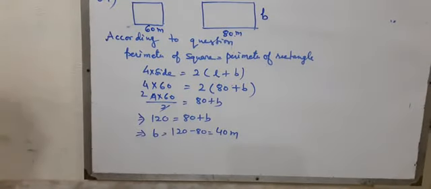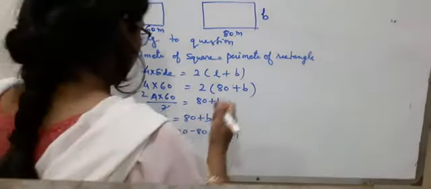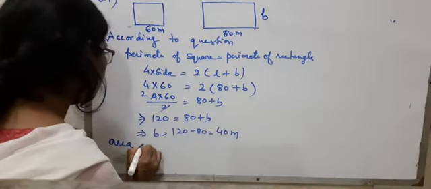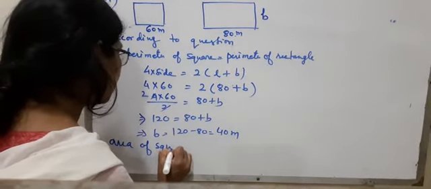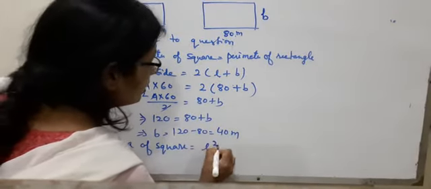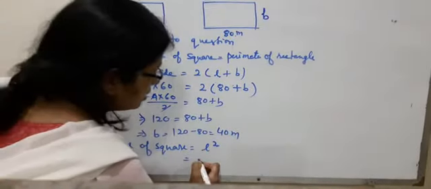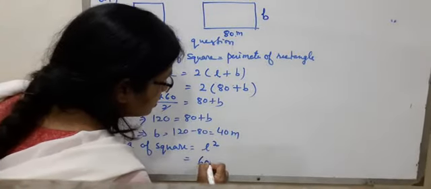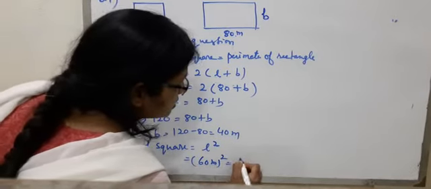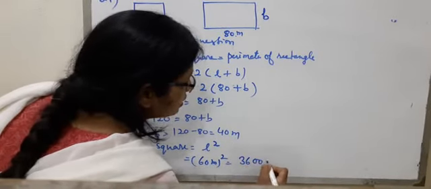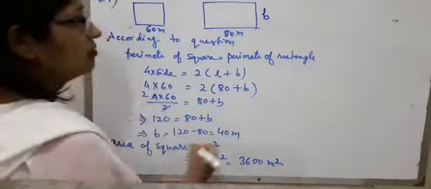Which field has larger area? We find area of square. Area of square is L square. Side of a square is 60 meter, so area is 3600 meter square.